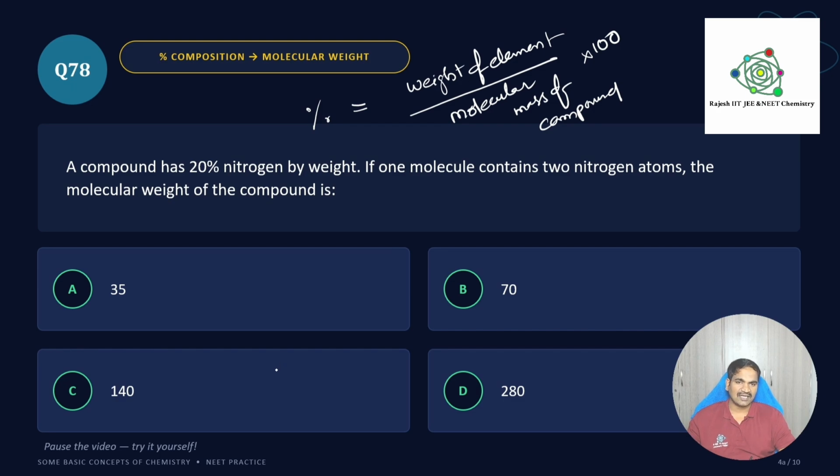So here what are they asking for? They are asking for the molecular mass of the compound.